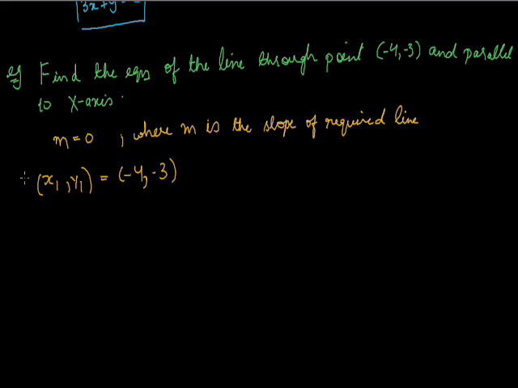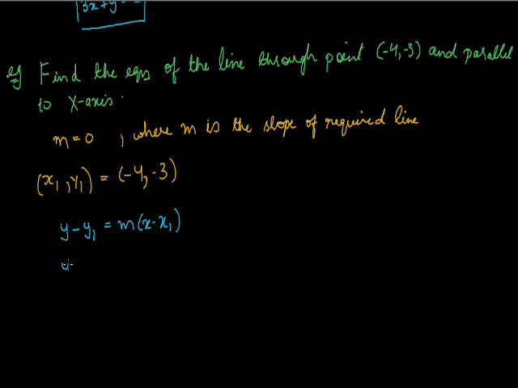Now I know the formula to find out the equation of the line when the slope of the line is provided and the line passes through coordinates (x1, y1), and the equation is y minus y1 is equal to m of (x minus x1). I'll substitute the value of (x1, y1) in the equation as well as the value of m.